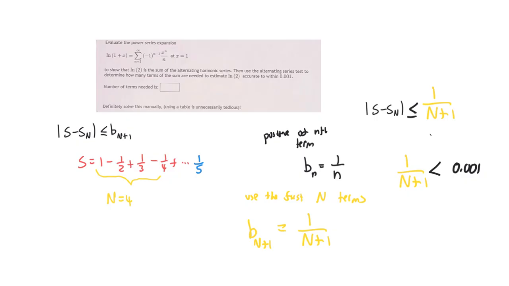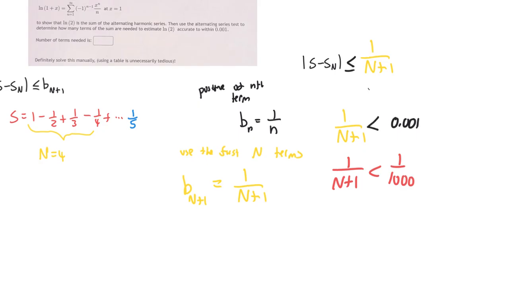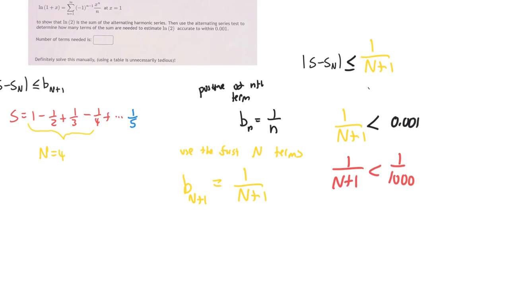One way of solving the inequality: we have 1 over capital N plus 1 is less than 0.001, which is really 1 over 1,000. Cross multiplying, 1,000 is less than N plus 1, and therefore N has to be greater than 999.